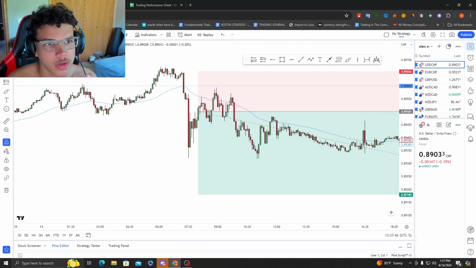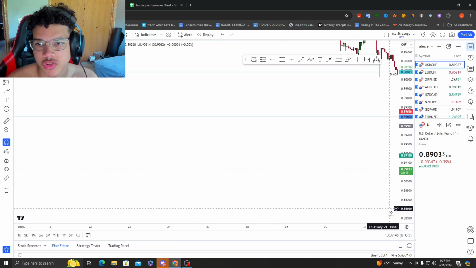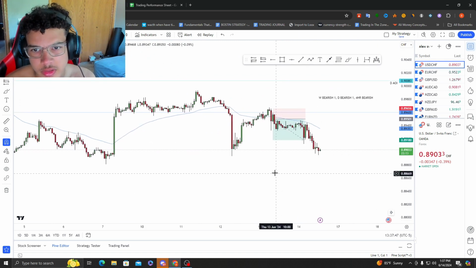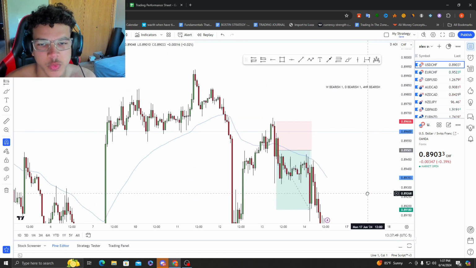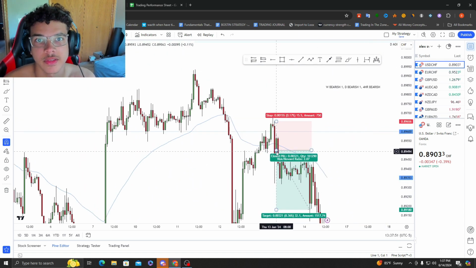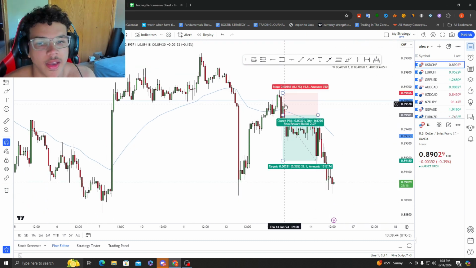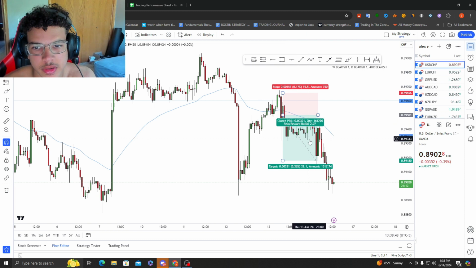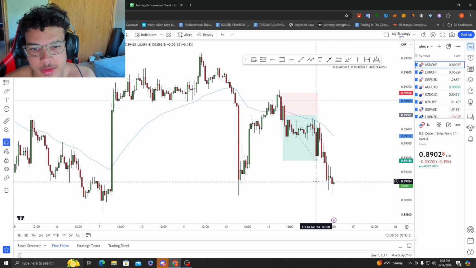It's fine with me, drawdown doesn't really do much, because the trade went in our favor eventually. As you can see, I got in at 8 o'clock and it chopped for a little bit until the London session of the next day, which is today, and then it just tanked down to my TP.